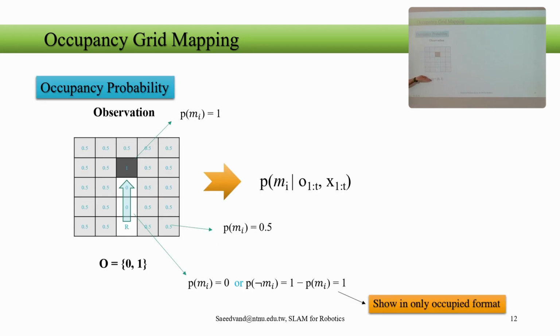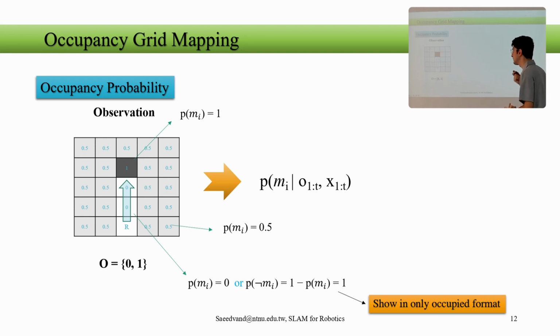As we discussed, if you have the map like this, then at the beginning we have an initial probability of how likely a cell is occupied. For example, 50%, we don't know, 50-50, 0.5. After the observation comes, for this chapter, let's consider a LiDAR scanner only, because other sensors are a little bit difficult to imagine and talk about.